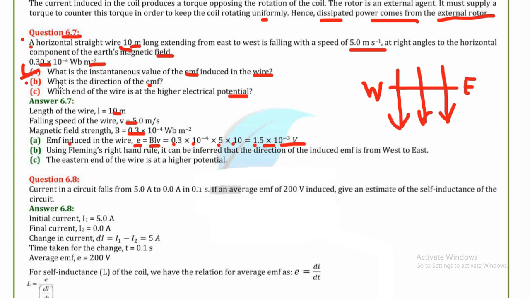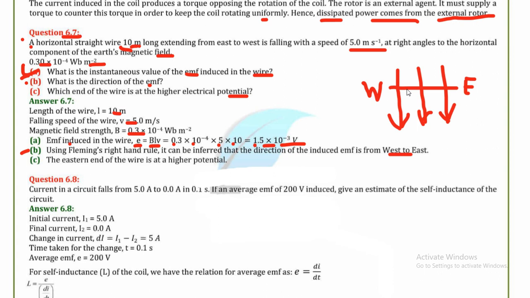Now the second part, that is, what is the direction of the EMF. So let's see the direction. We can use Fleming's right hand rule, and it can be inferred that the direction of the induced EMF is from west to east. I hope you can understand how it is from west to east. First you can use Fleming's left hand rule to find out the direction of the induced current, or you can say the direction of the flow of the negative charge.